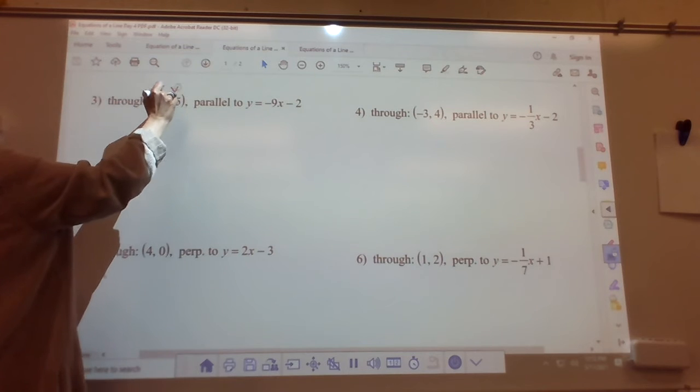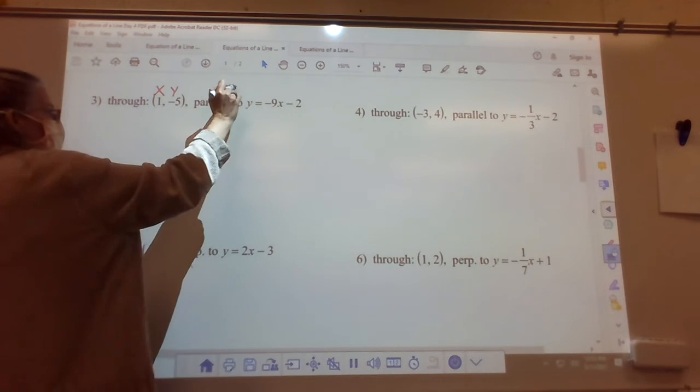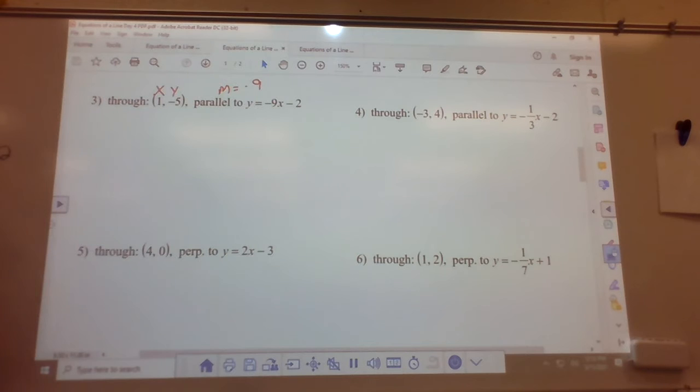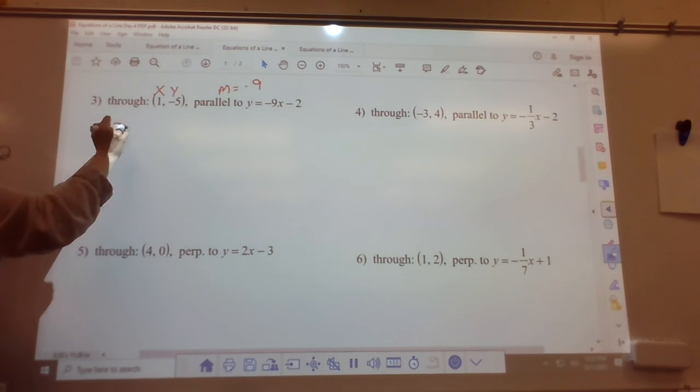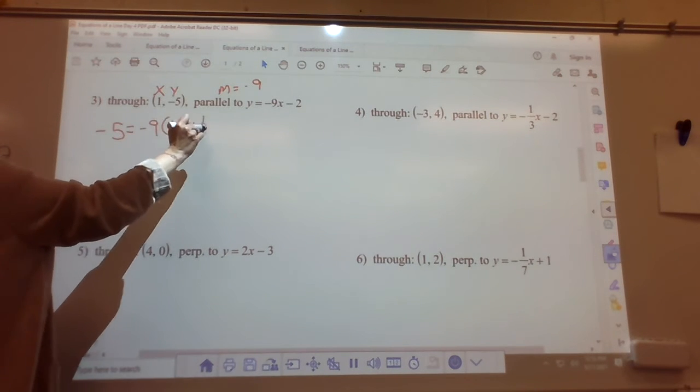X, y, what's my slope? Negative 9. Y equals mx, I don't know, b.